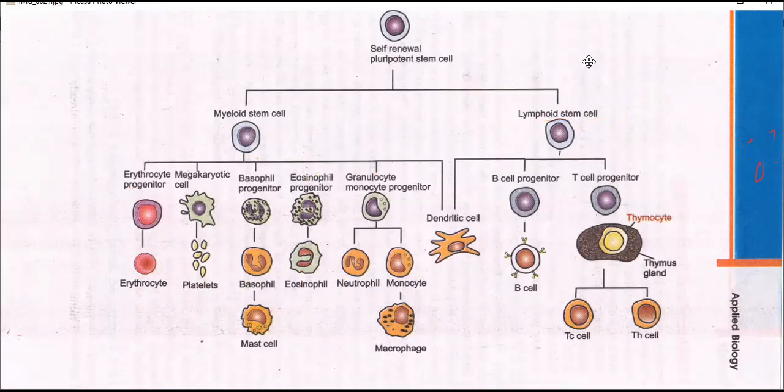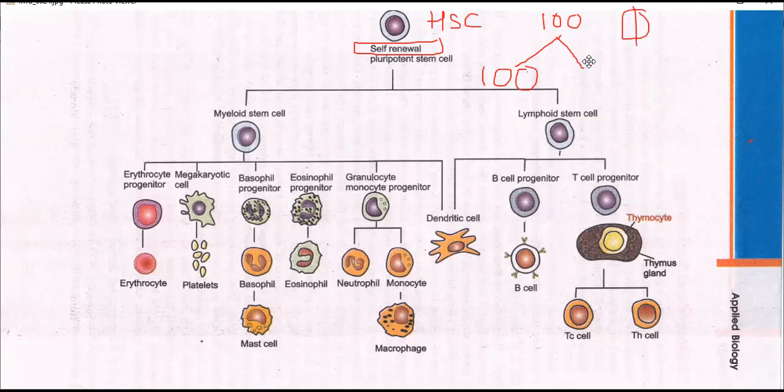Before we enter inside, we need to know this word, self-renewal. What is self-renewal? For example, if you find 100 hemopoietic stem cells, these 100 hemopoietic stem cells divide by mitosis and form some 200 cells, isn't it? In the mitotic division, a cell divides and forms two cells.